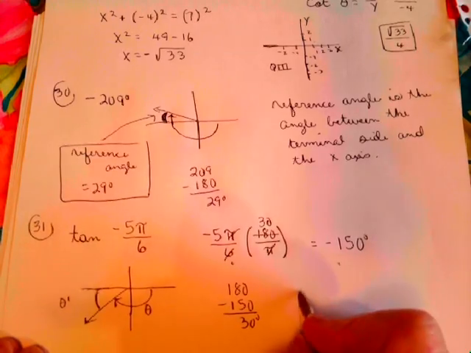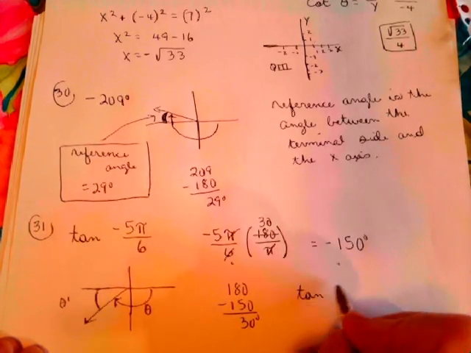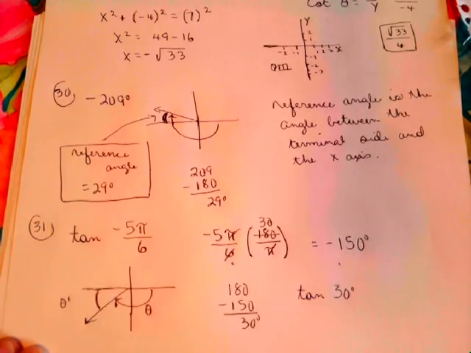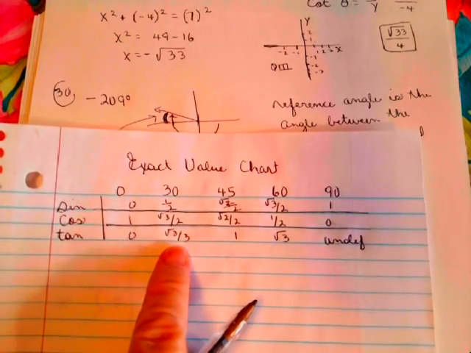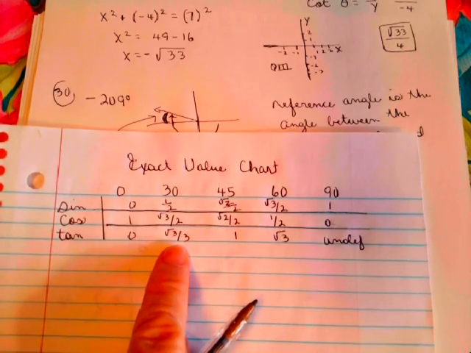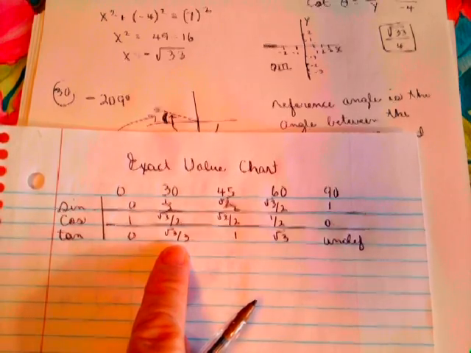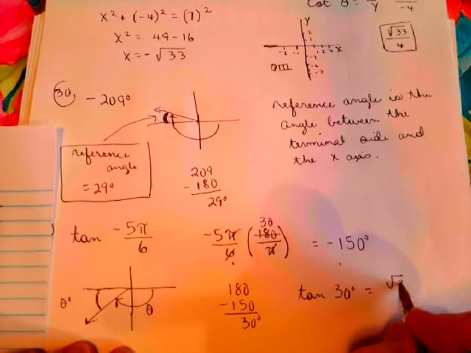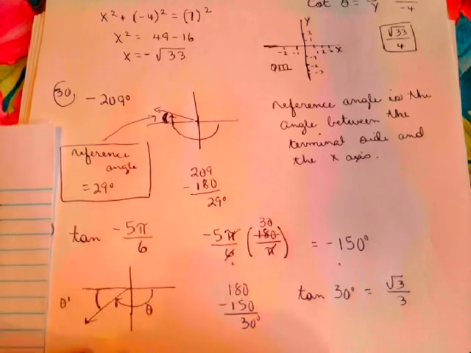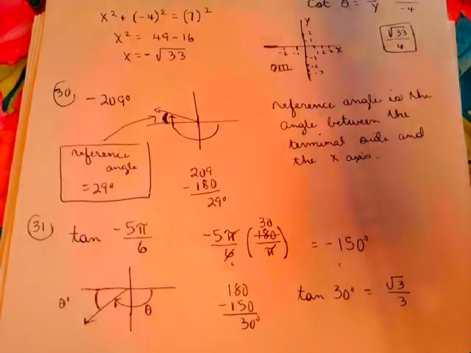They want me to find the tangent of 30 degrees. To me, the most convenient way to do that is to look at the exact value chart. The tangent of 30 degrees is the square root of 3 over 3. I write that number down. And then I think about the sign.